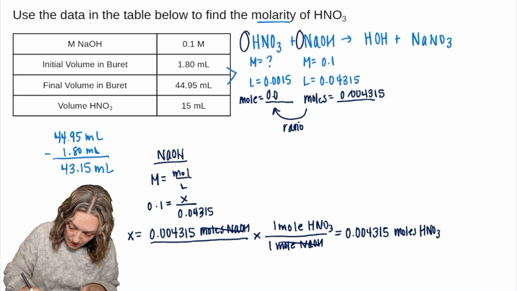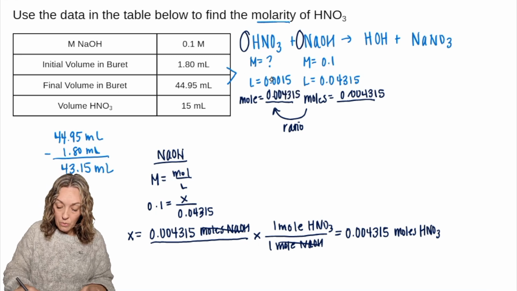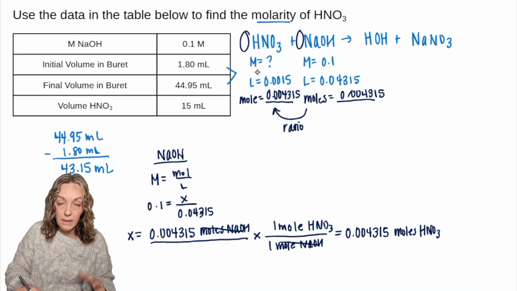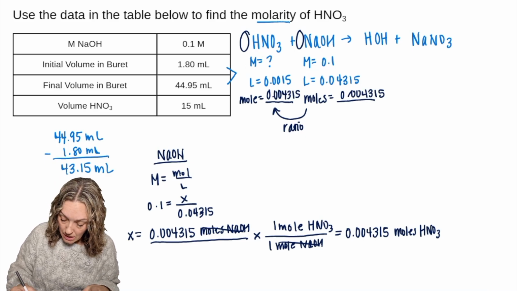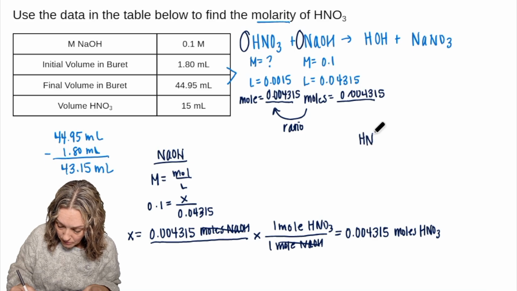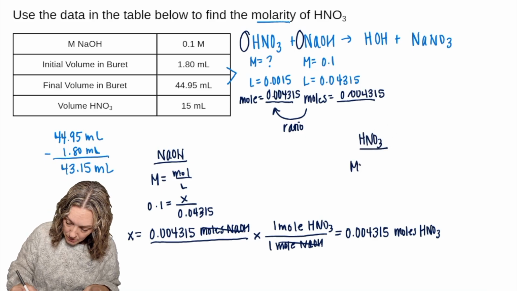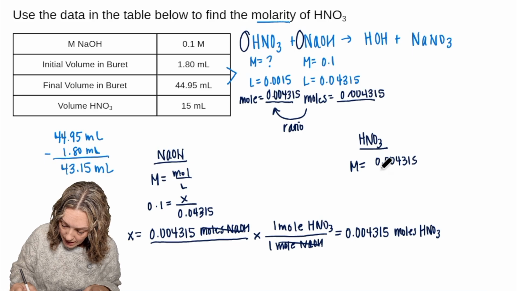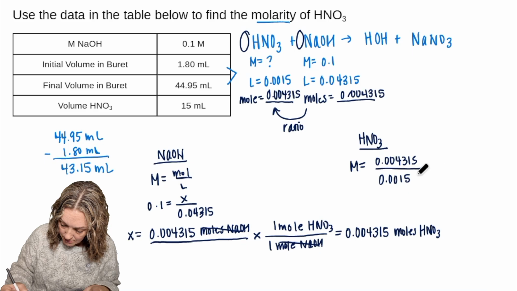I'm going to write that up here, and now I know my moles and my liters of HNO3, which means that I can solve for my unknown variable of molarity. So now I'm going to do my molarity equation again, this time for the HNO3. I don't know the molarity, but I do know my moles, 0.004315, and I do know my liters, 0.0015.